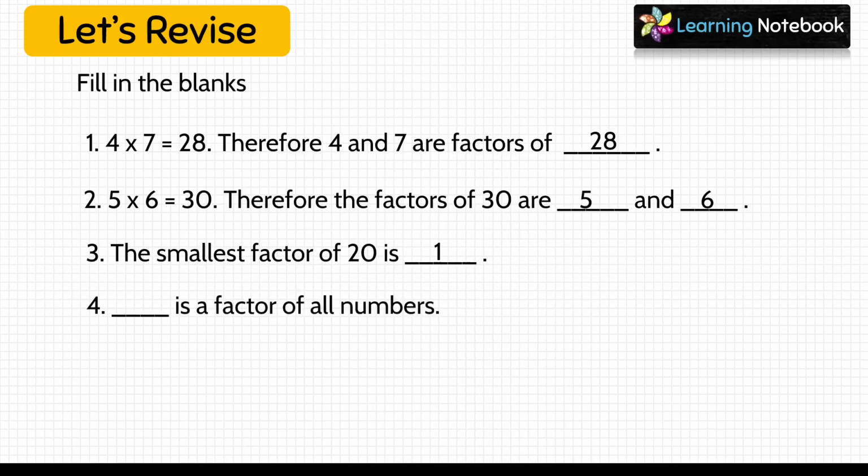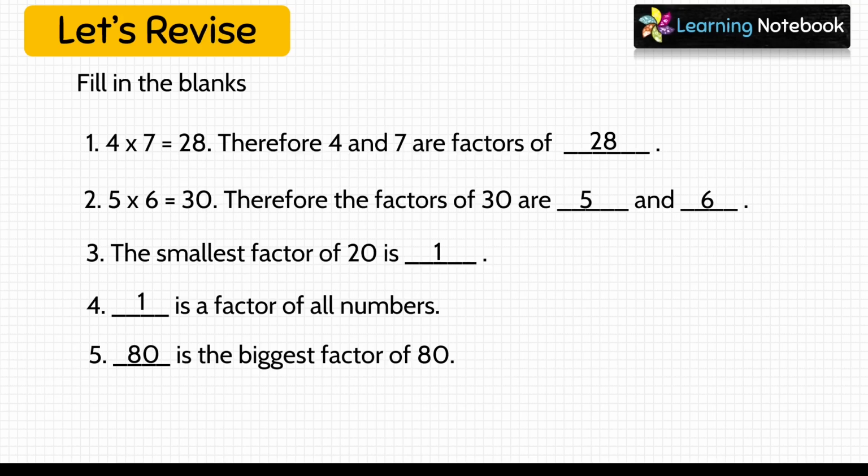Let's see the next question. Dash is a factor of all the numbers. Answer is 1. 1 is a factor of all numbers. Let's see the next question. Dash is the biggest factor of 80. Answer is 80.